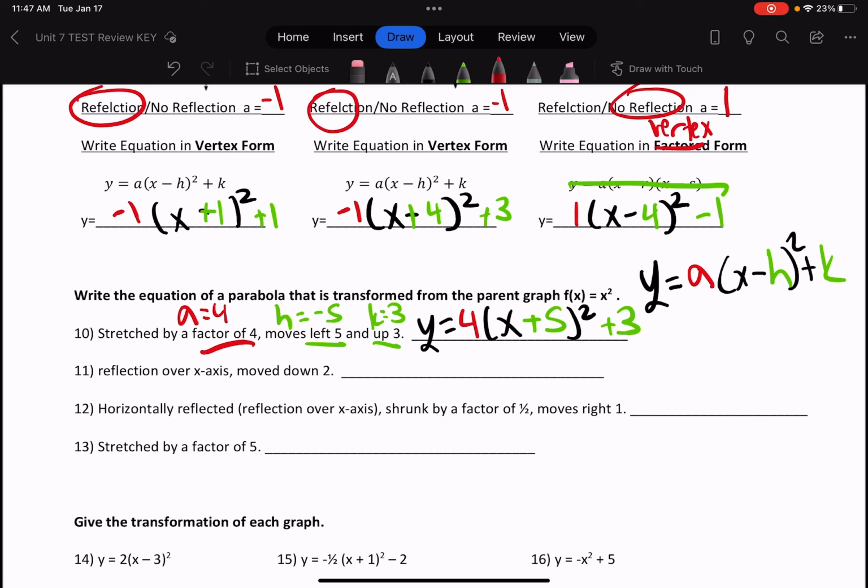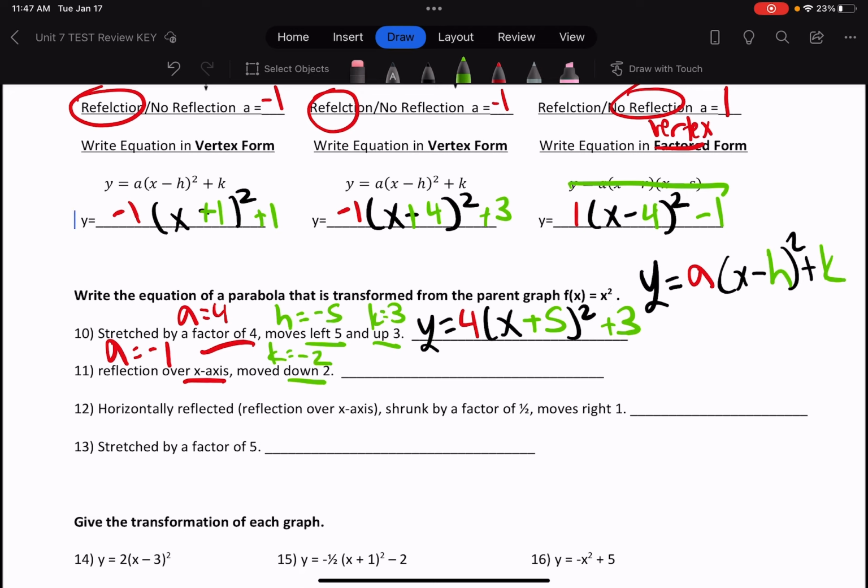Number 11 says there's a reflection over the x-axis, so I know my a value needs to be negative. But then it just says it moves down by 2. So my a value in this case is going to be negative 1, because I don't know if it's stretched or shrunk. Since there hasn't been a change with our stretch or shrink, I'm just going to leave that a value as negative 1. Then it also tells me it moves down 2. That gives me a k value of negative 2.